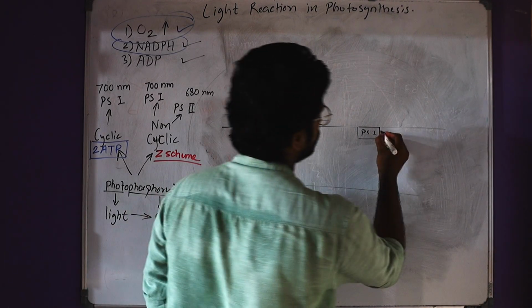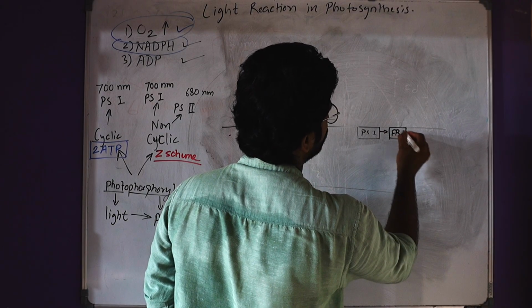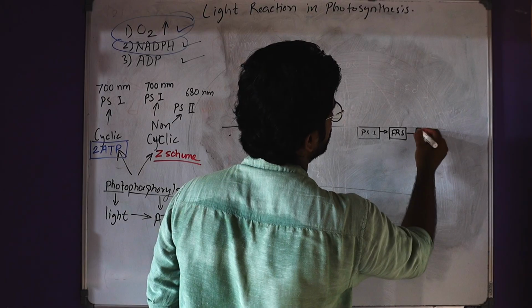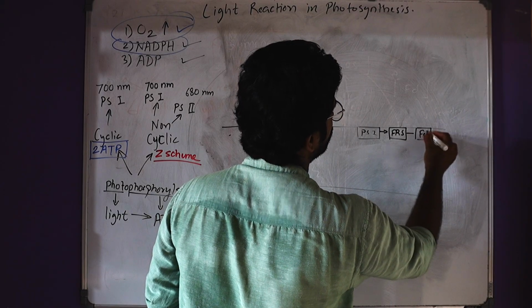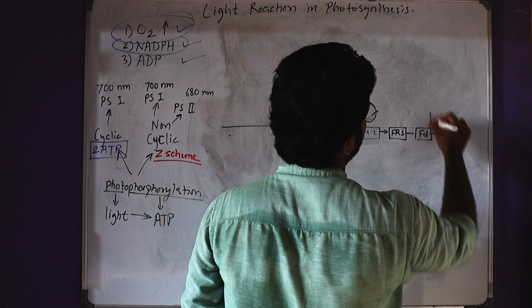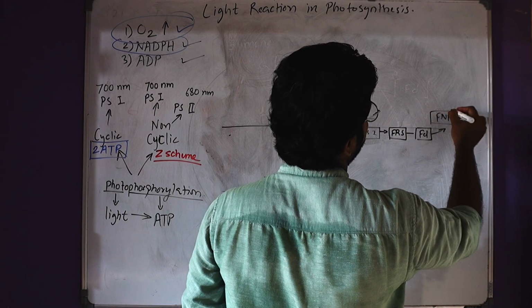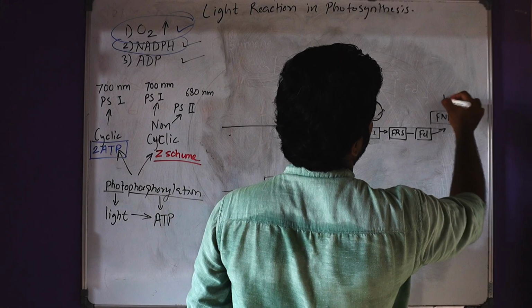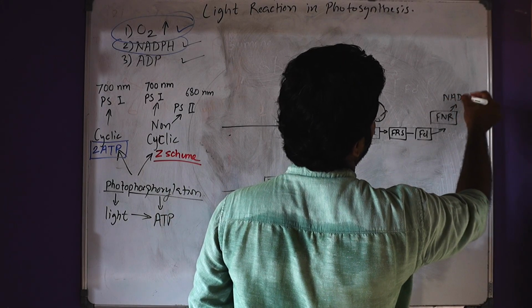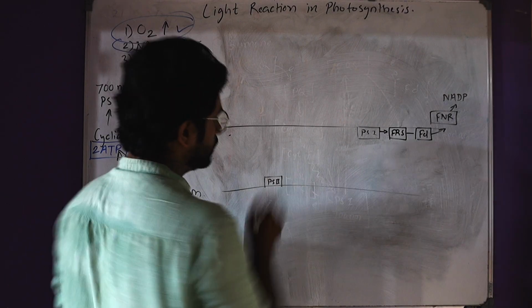So from this, electron will go to FRS, then it will go to ferredoxin, then it will go to FNR, and from FNR it will go to NADP. Okay, what happens here?